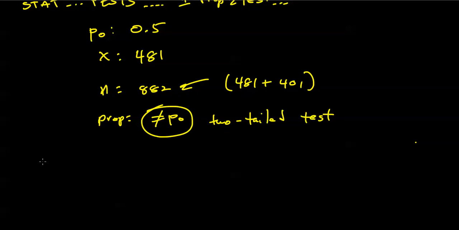So I punch this out and I get a p-value of 0.00706 and change. Let me write it down the way the calculator gives it to us.